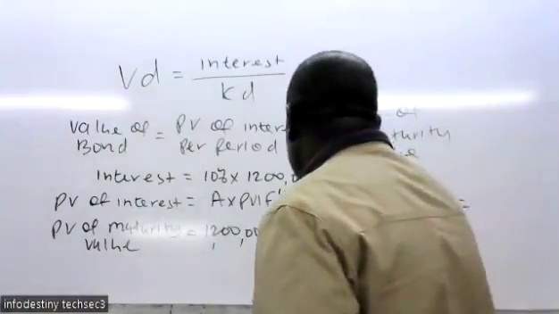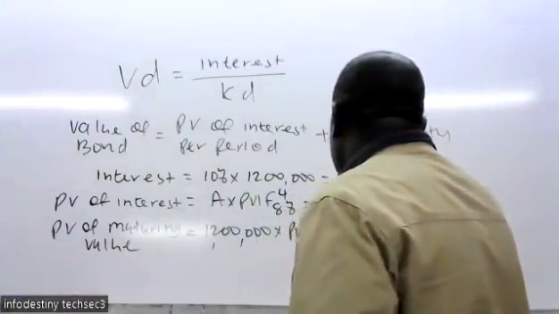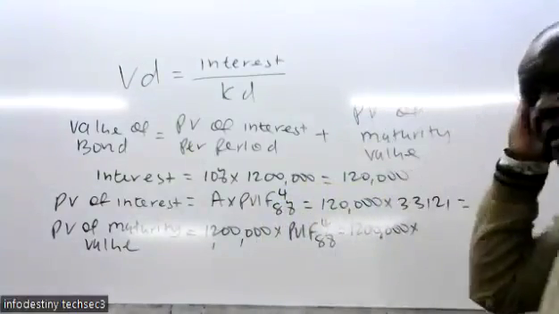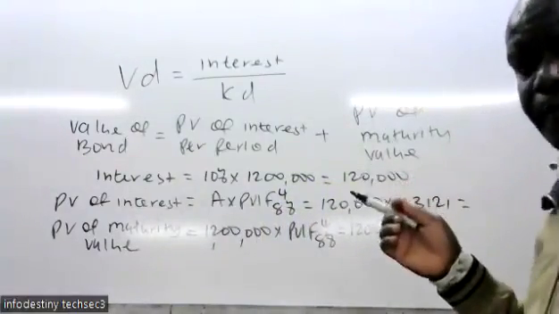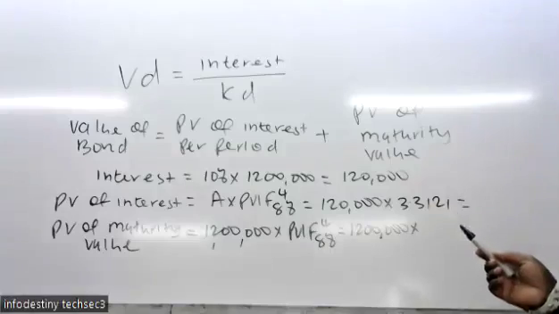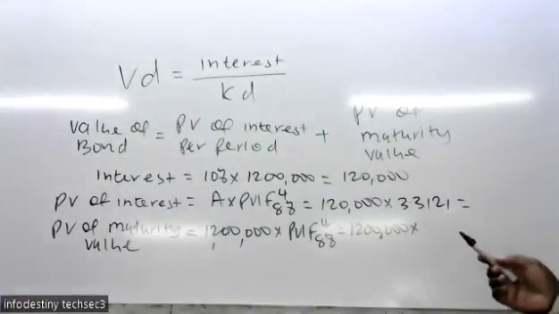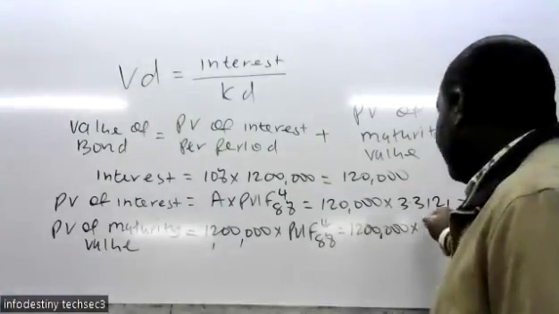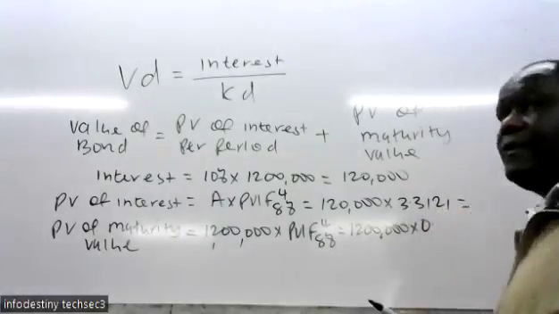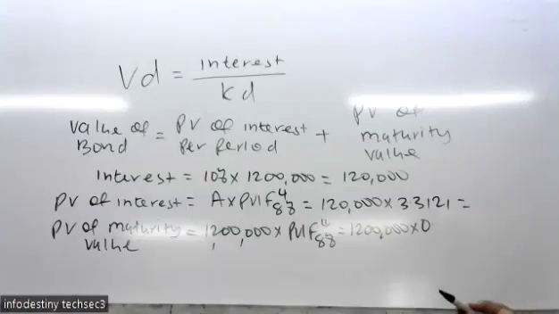It will be 1.2 million. Using the first table, what is 8% in period 4? It will be 0.73.